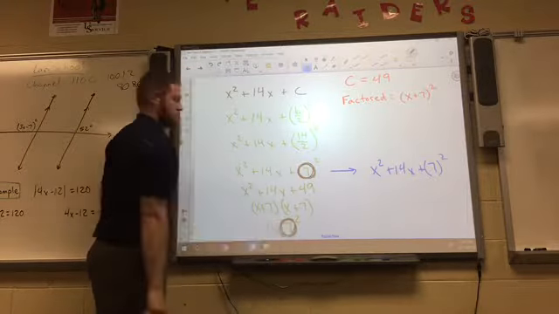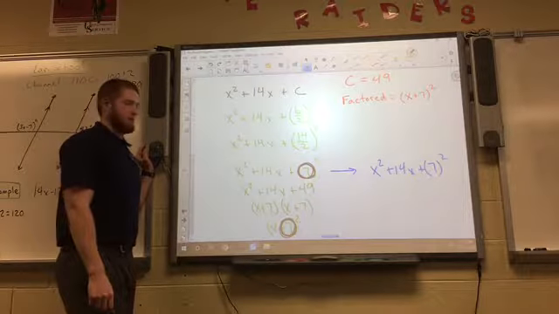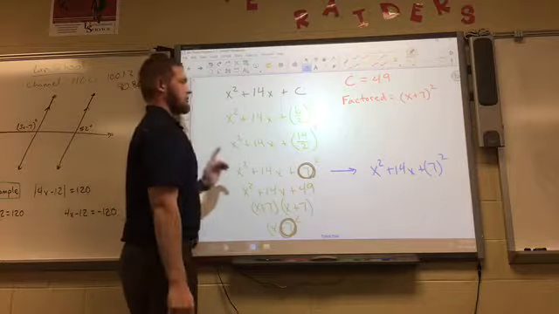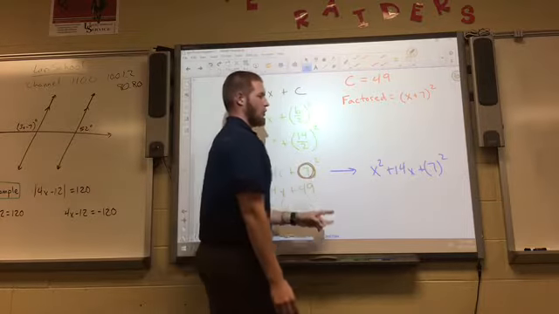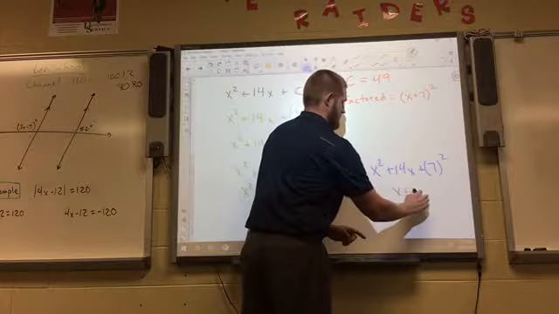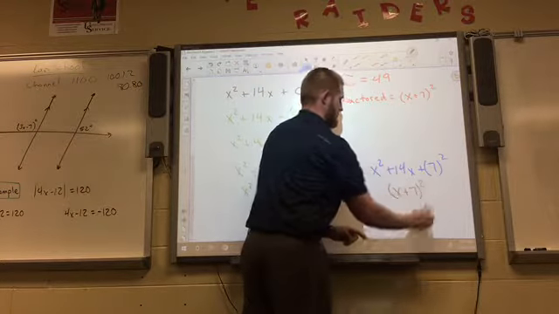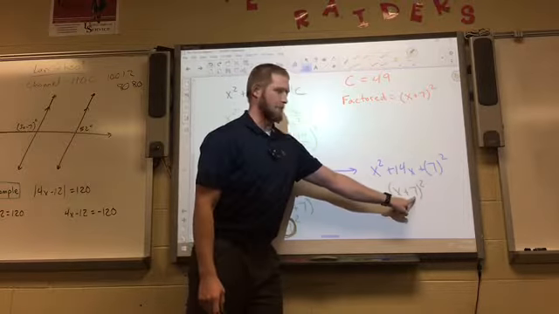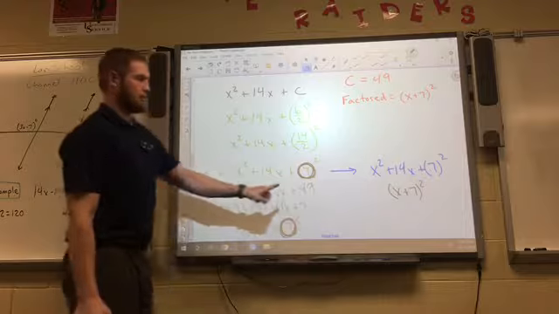Positive 7. Every time. That will work every single time. So in the future, we can go straight from here to here. That's a positive 7, that's a positive 7.